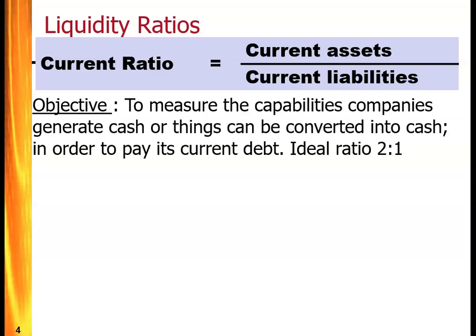The ideal ratio for the current ratio is 2:1, meaning that you should have two portions of current asset to pay one portion of current liabilities. That's the ideal ratio for businesses.